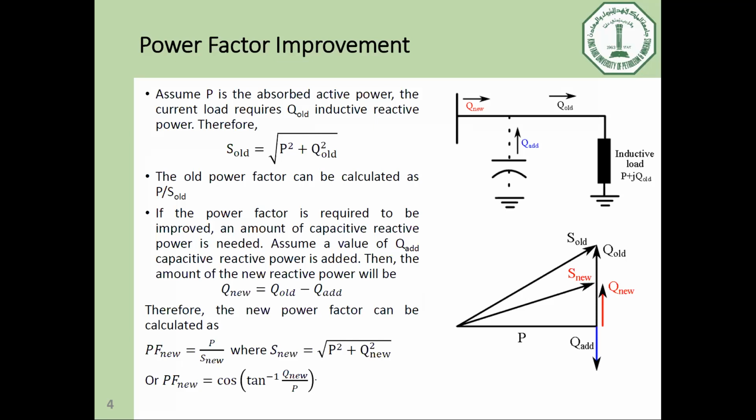S. S is bigger. This is right. Both of them are functions of V and I, voltage and current. Is it right? Yes. However, P depends on the power factor.